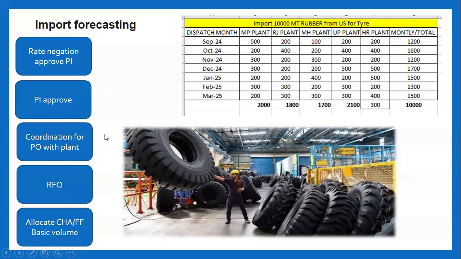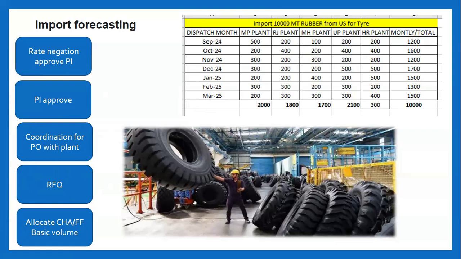Before dispatching this, there is another procedure which we need to understand. Say we are going to import 500 metric tons of rubber for the MP plant from the US. We need to understand how many containers we need to place at the supplier end.